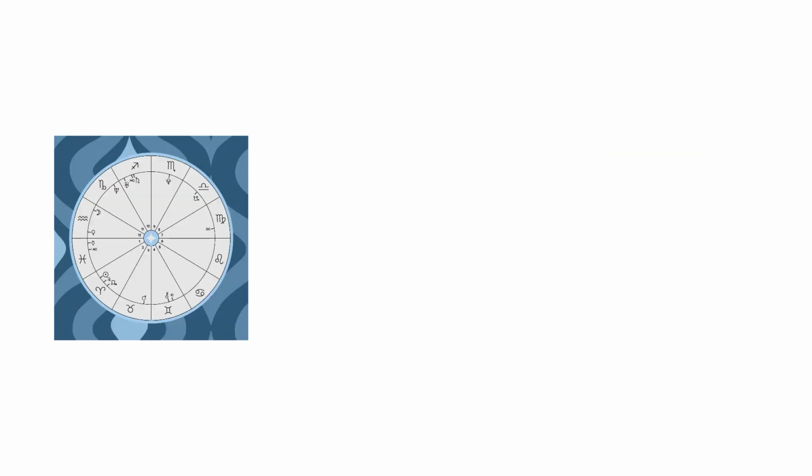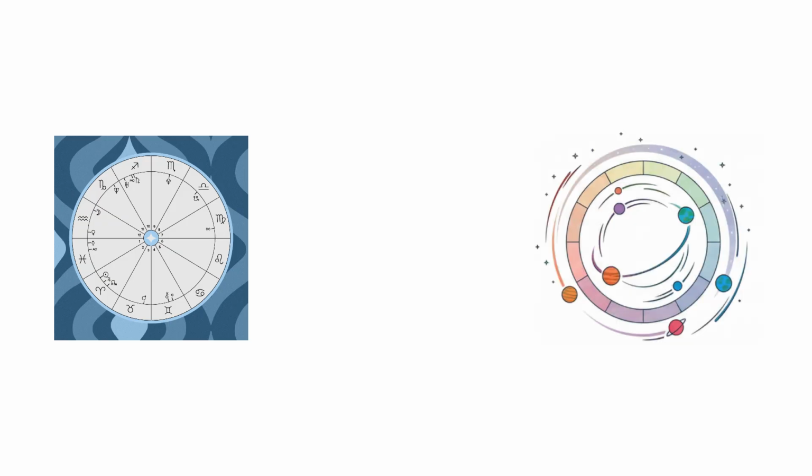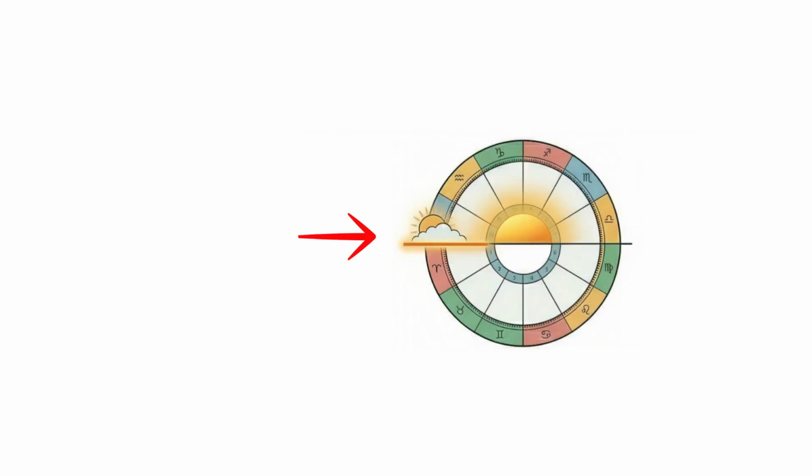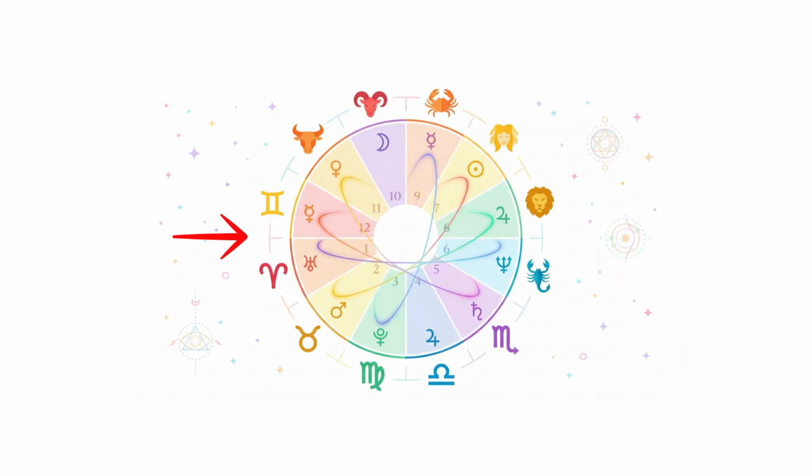They also form the chart's skeletal structure, but their positions change depending on the exact time and place of birth. The leftmost part of the chart represents the eastern horizon, also known as the ascendant. This point marks the beginning of the first house, and the houses start from there.